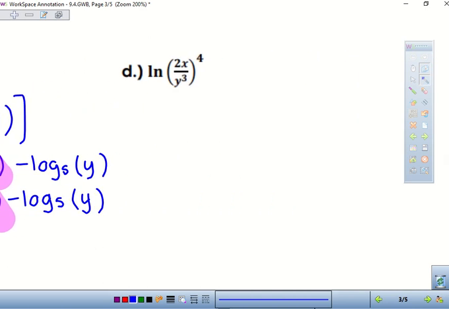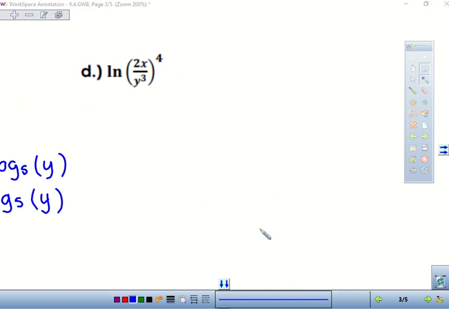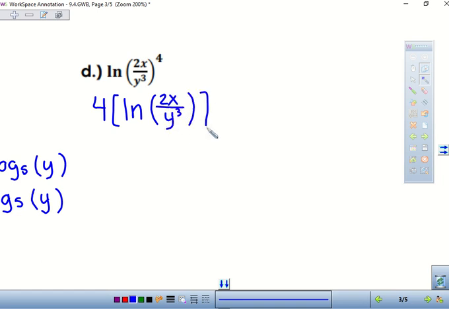All right, letter D. So there's a few different ways to do letter D. You can either deal with the exponent on the outside first, or you can put each one of these to that power. So I'm going to do it putting it out front first. So I can start by just bringing this 4 out front, because remember, exponents can go out front. And then from here, we're going to work with simplifying the inside, right?